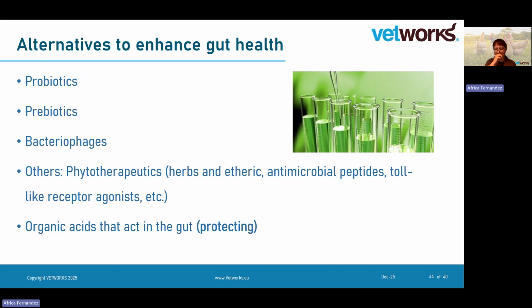They have proved to be a good support, and especially organic acids that act in the gut, protecting the gut, are an important alternative.